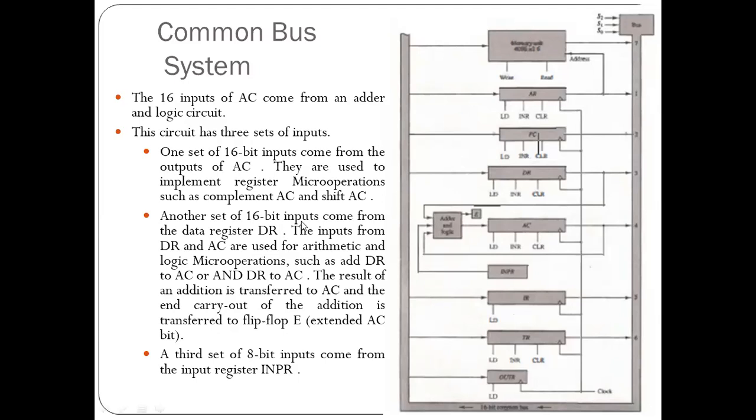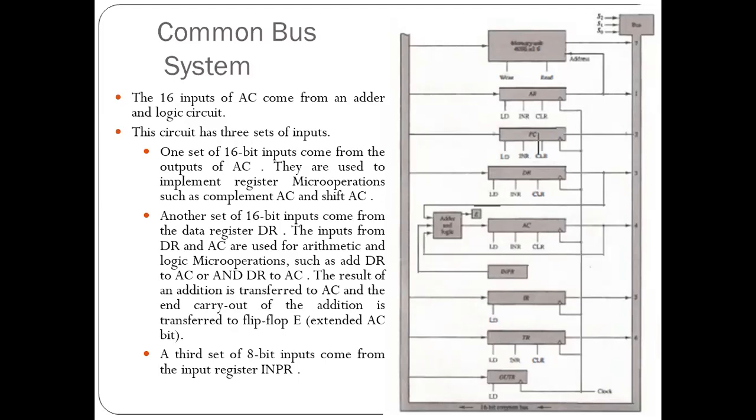Another set of 16 bits comes from the data register, which has to perform several operations: addition, subtraction, or logic operations like AND and OR. So between the accumulator and the data register, such operations can be performed. We also have a facility for an extra bit that occurs during the operation, called the E bit, the extended accumulator bit, which holds the carry or borrow depending on the type of operation, addition or subtraction.